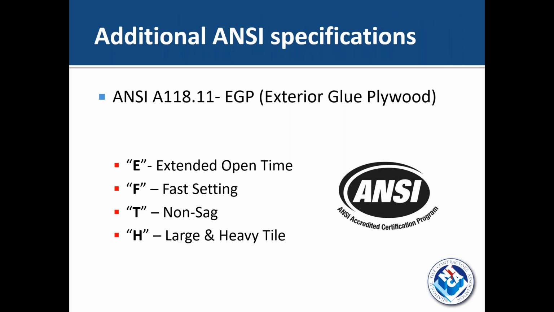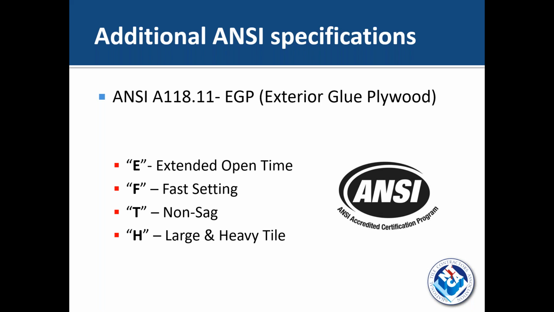Now, in addition, I just wanted to touch on one other, which is ANSI A118.11, and this is specifically a standard for modified mortars which are used over exterior glue plywood. And then we have also some additional designations, which you can see on the slide here. So if you see a product that lists itself as A118.15, you may see A118.15 EFT, and the E in that case would mean extended open time, and F is for fast setting or rapid.